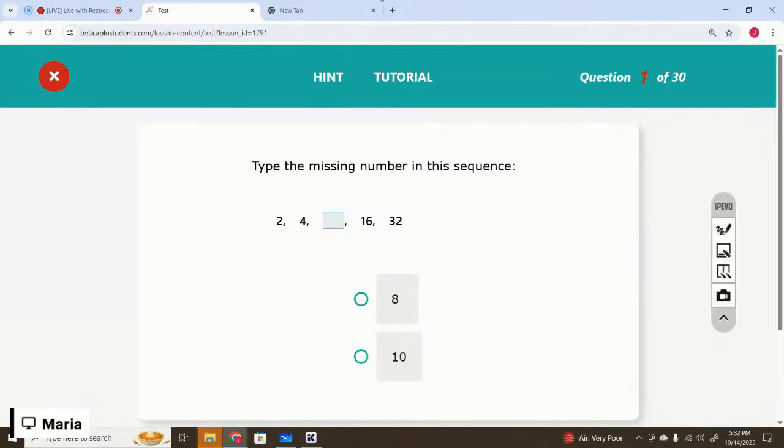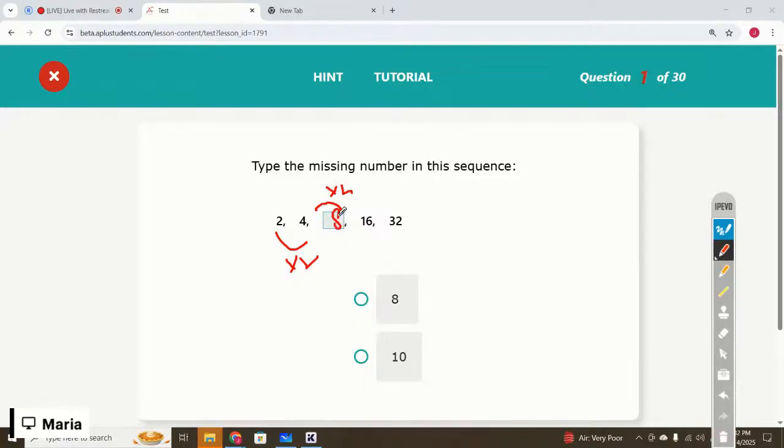Type the missing number in the sequence. 2 times 2 is 4. 4 times 2 is 8.